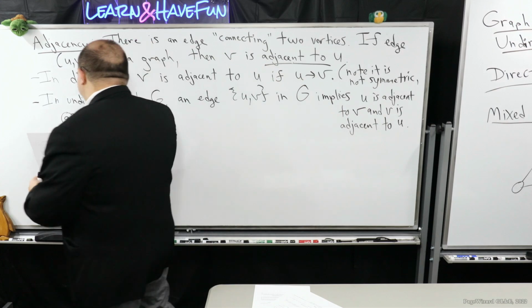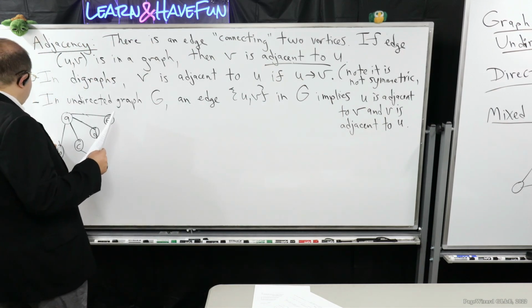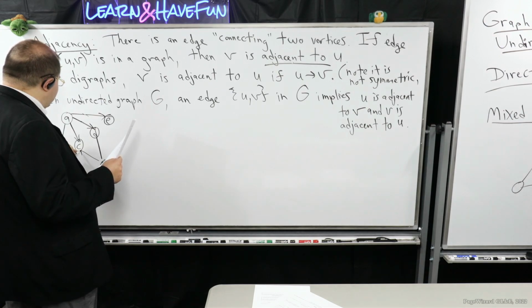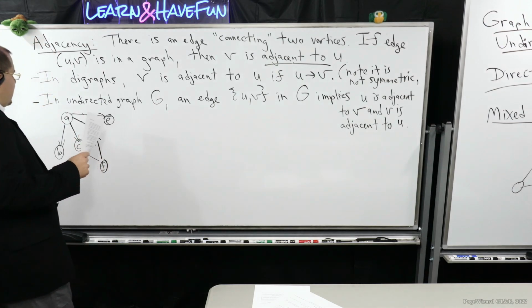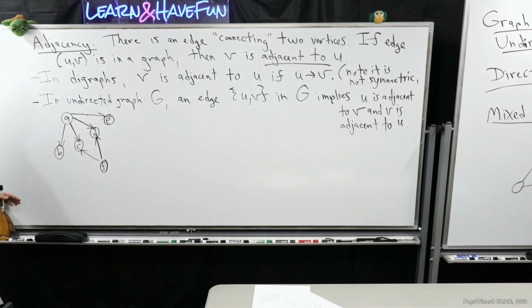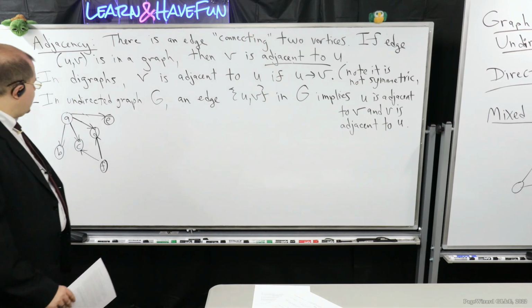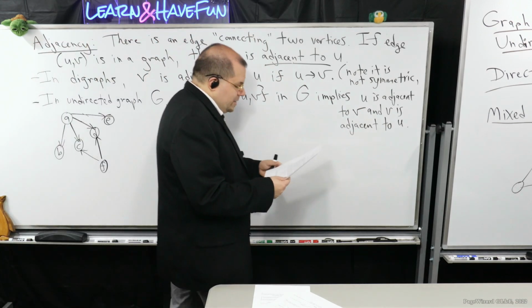Hopefully that's clear. In contrast, if this was a directed graph, something like this, what I could say, if this is the case, so I have A as the first endpoint, and then say, for example, B is the second endpoint. And then I could say, for example, that B is adjacent to A. So notice that I can go from A to B, but I can't go from B to A. So hopefully that is clear.